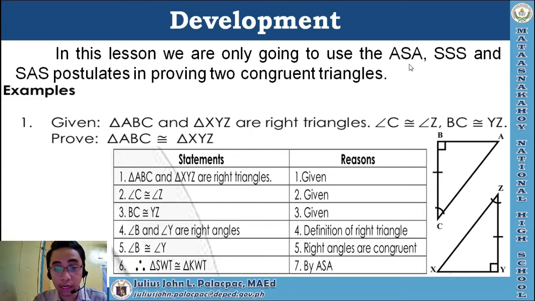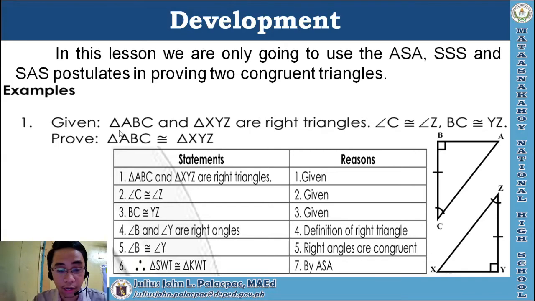Yung ASA, dalawang angle nung isang triangle at yung angle nung kabilang triangle at yung included side ay equal. Kung naman sa SSS, tatlong side ng one triangle at tatlong side ng kabilang triangle ay equal. At yung SAS, two sides and one included angle of one triangle and two sides of another triangle, and the included angle of that triangle is also congruent to each other. So we can say that the two triangles are congruent.